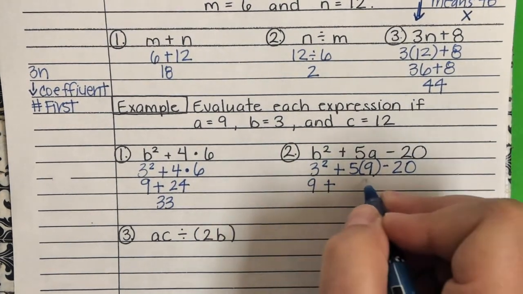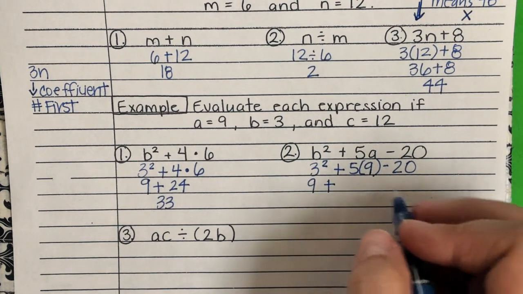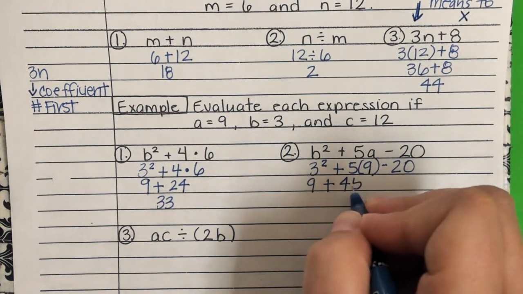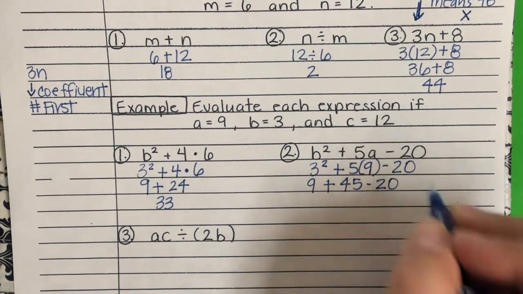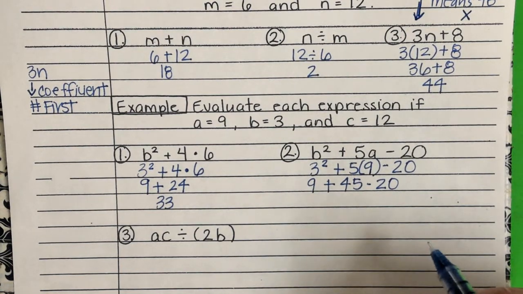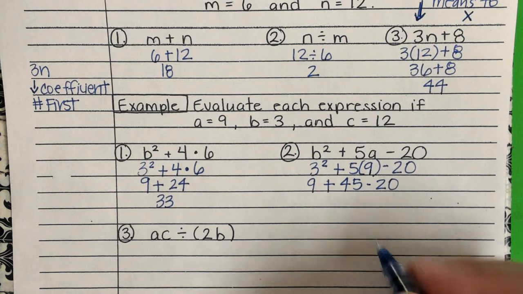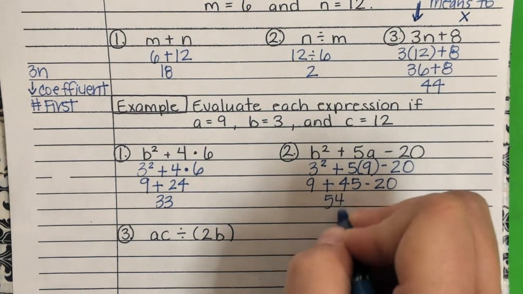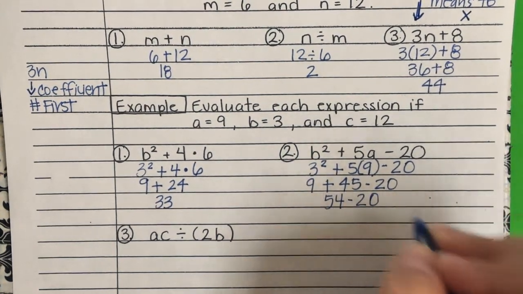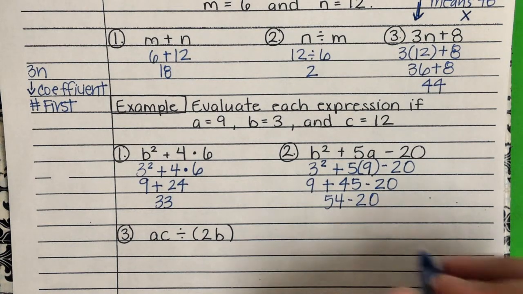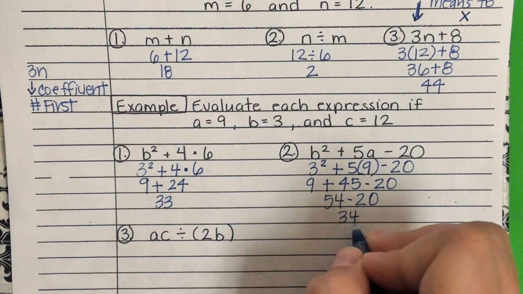Then can I multiply? 9 plus 45, okay. Minus 20. Now, add, subtract, left to right. What is 9 plus 45? 54. Then I can subtract 20, and I get what? 34. Yes.